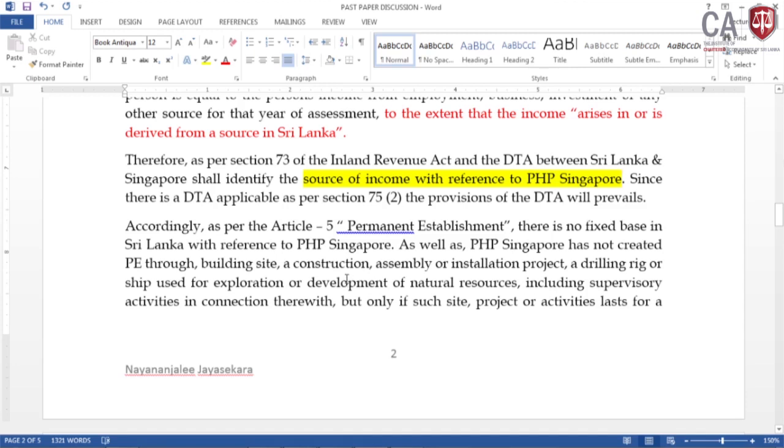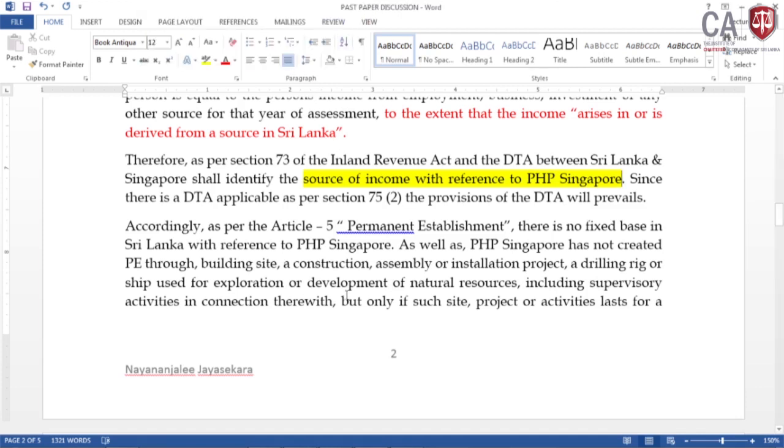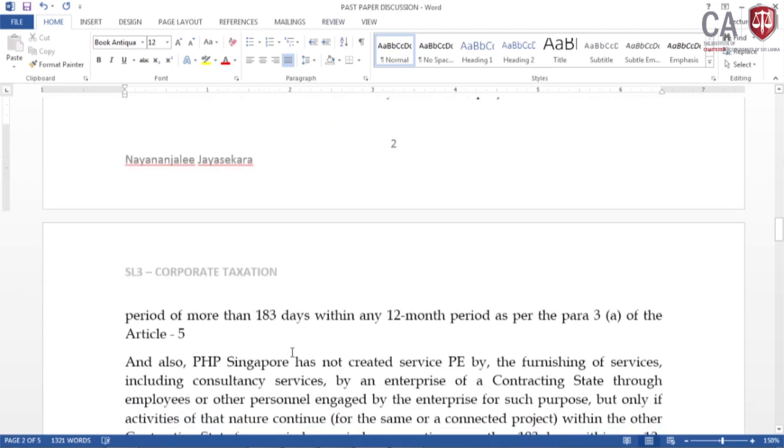I have taken the particular definitions in the PE, Article 5: a building site, construction, assembly or installation project, a drilling rig or ship used for exploration or development of natural resources, including supervisory activities in connection therewith, but only if such site, project or activities last for a period of more than 183 days within a 12 month period, as per paragraph 3 subparagraph A of Article 5.